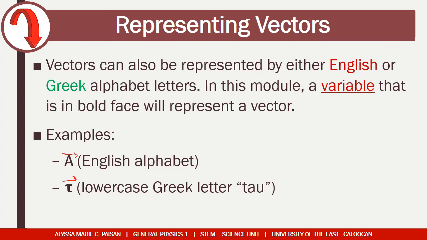In some books, you will see that the vector is a letter with an arrow on top or a half arrow. So it's just the same. It depends on the book. It could be boldface, just like our convention, or it could be a letter with an arrow on top, or a letter with a half arrow on top. All of those are just various ways of representing vectors as symbols.